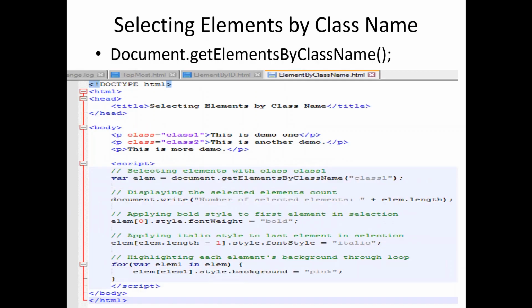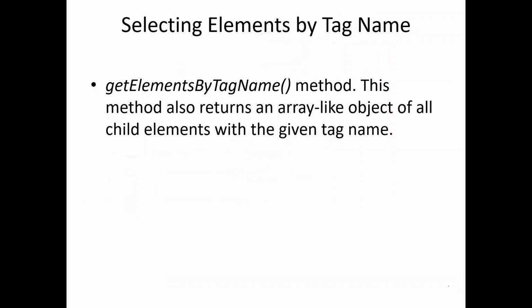Next is selecting elements by class name. This is the method that you are going to use if you want to select using the class name: the document.getElementsByClassName method. Next, selecting elements by tag name.